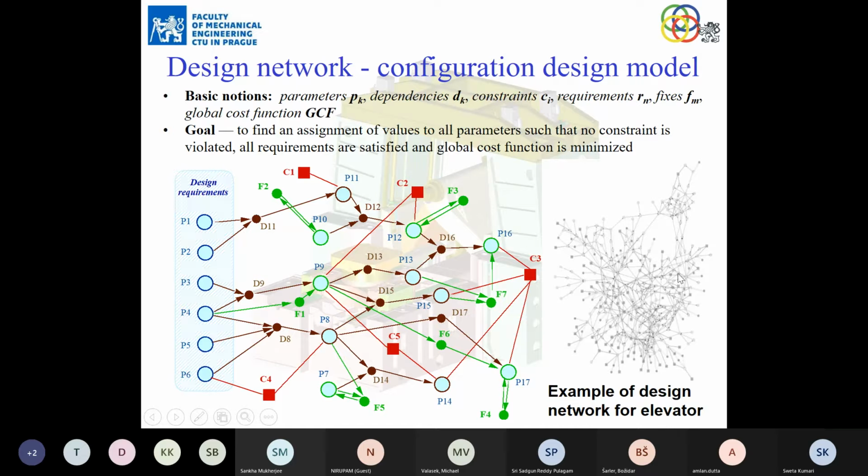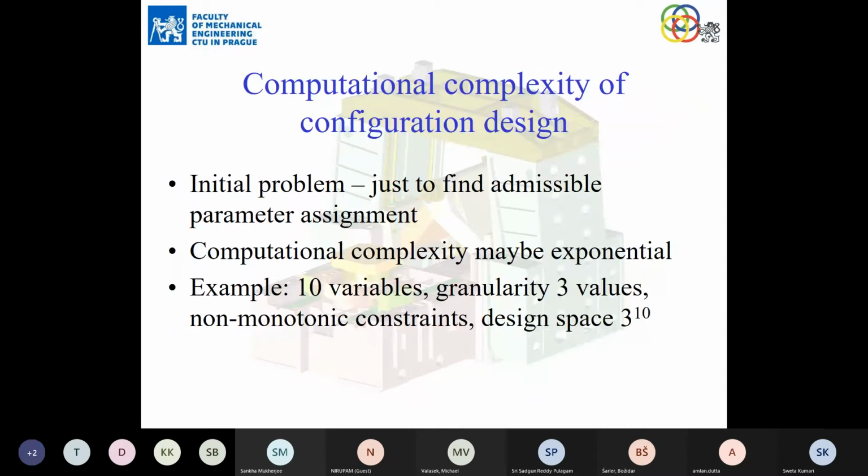And we develop such networks for preliminary design of vehicles or for machine tools, and the number of parameters ranges from hundreds to 3,000, for example for the vehicle. So the computational complexity of configuration design is in principle exponentially growing. For example, if you have just 10 variables and 3 potential values for each variable, and non-monotonic constraints, you easily have a design space of exponential size.